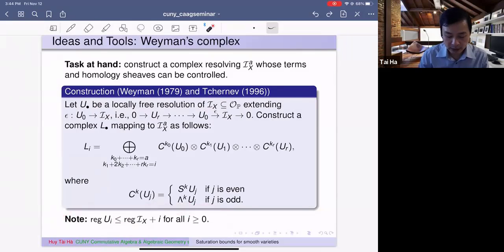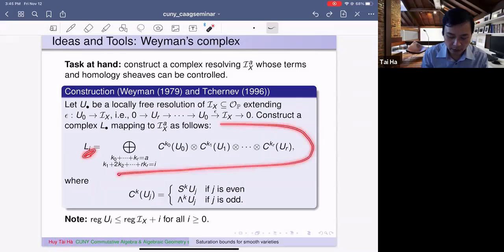Then Weyman says that if you start with such a resolution for I_X, then one can construct a complex that maps to the a-th power of I_X, in which the i-th term is obtained in this way.